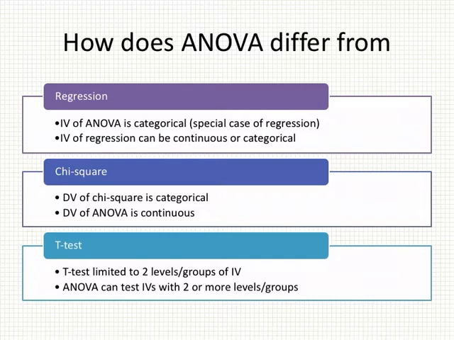Okay, so that's the difference between ANOVA and regression. And for ANOVA and chi-square, the difference is that the dependent variable of ANOVA is continuous, like levels of depressive symptoms or anxiety levels, so you get a score. If we change the DV to categorical, whether you're diagnosed with major depression or not based on DSM-5, then it becomes a chi-square question.